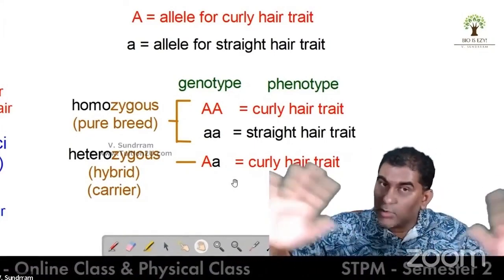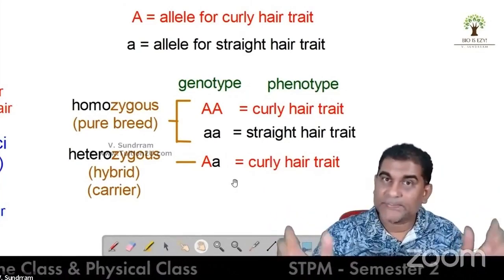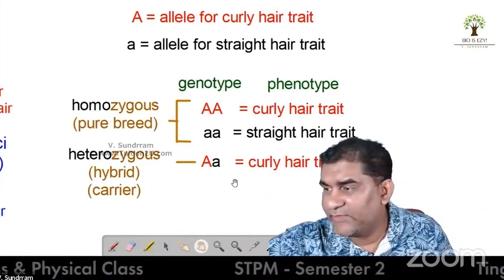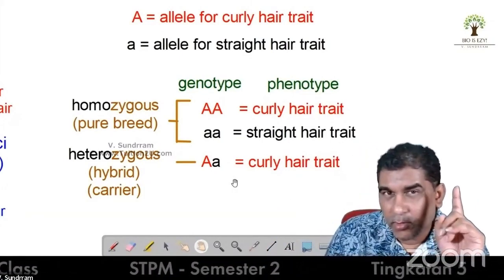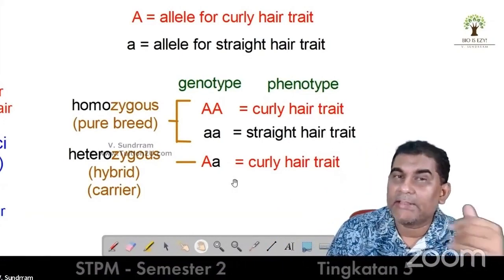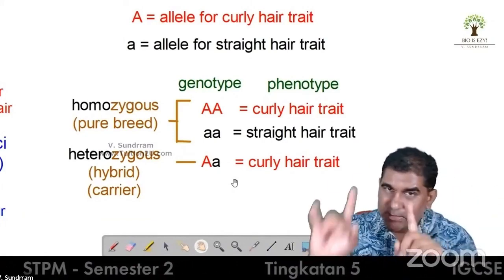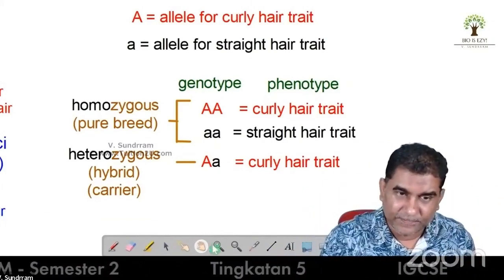I'm giving you a lot of definitions, all that you need to know in one explanation. But we are left with one more: dominant allele, recessive allele.